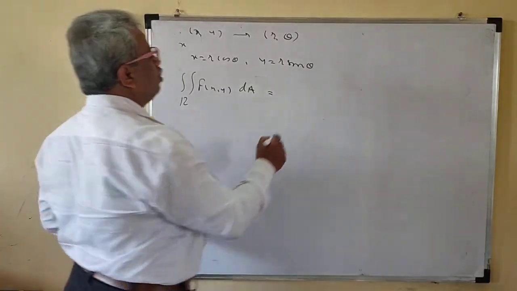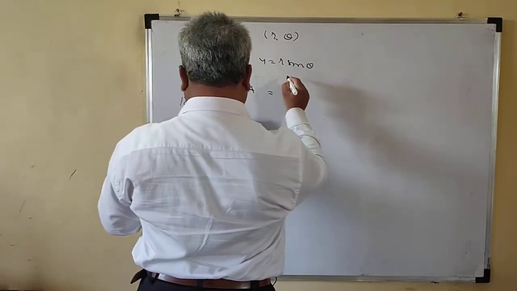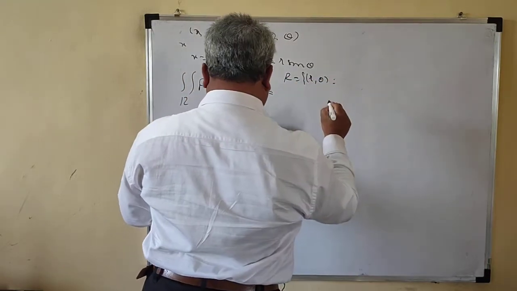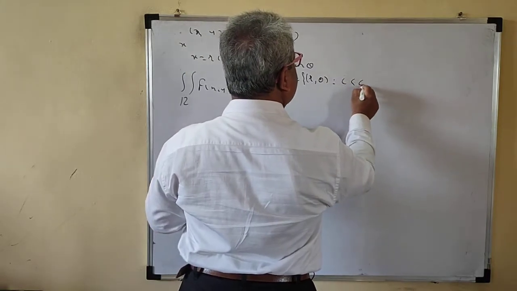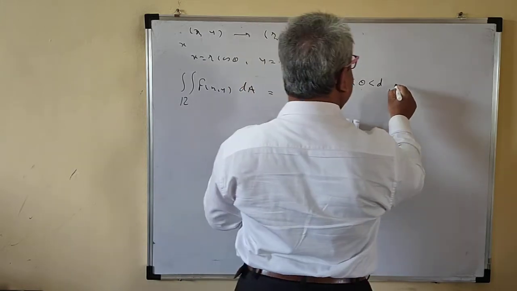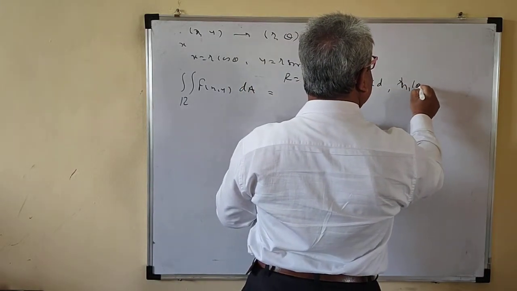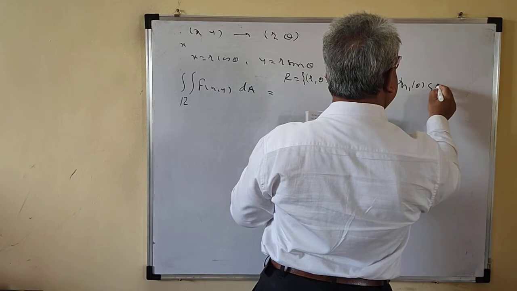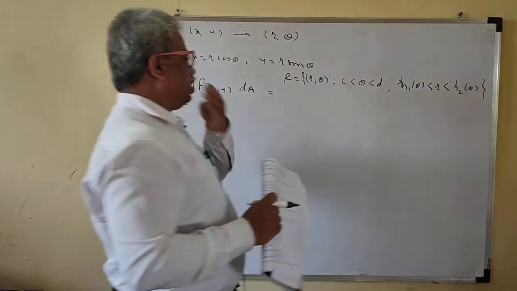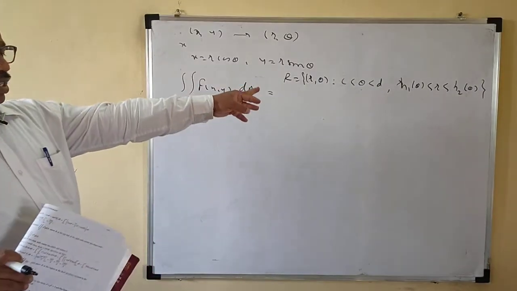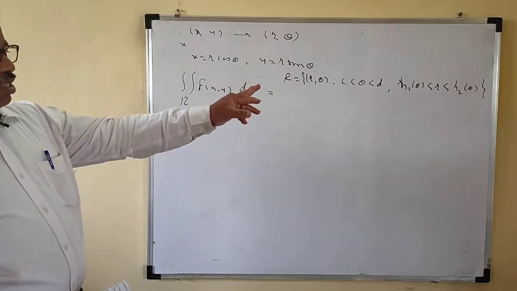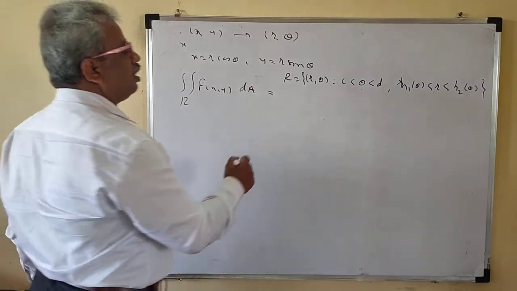Now your region will be in r theta. Suppose the range of theta is c to d, and the range of r is h1 of theta less than or equal to r less than or equal to h2 of theta. The limits of theta are constants, like 0 to pi by 2, and the limits of r are in terms of theta.